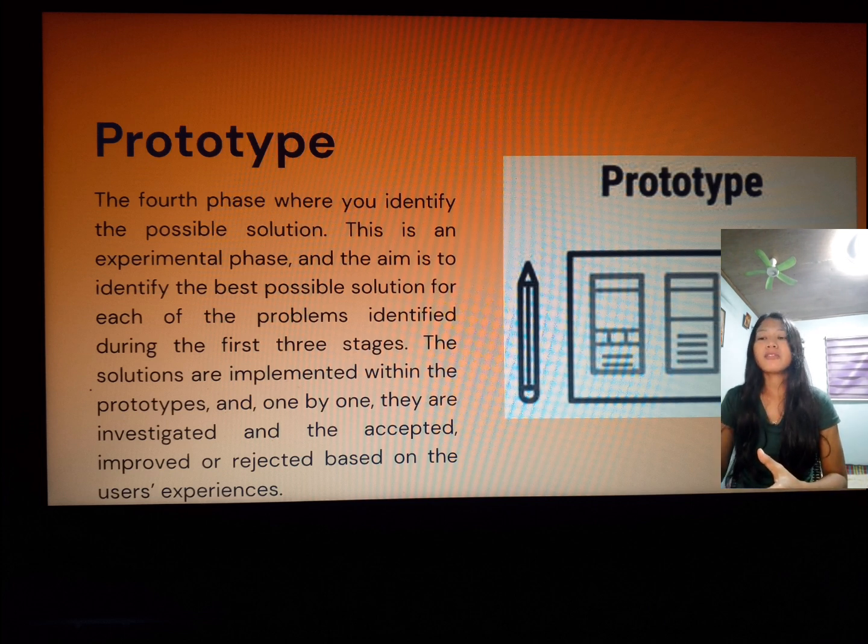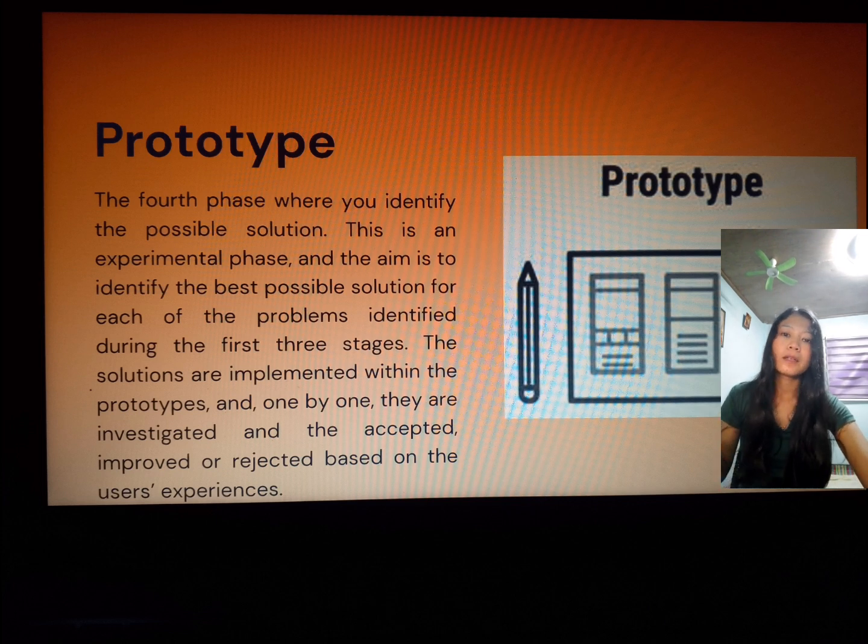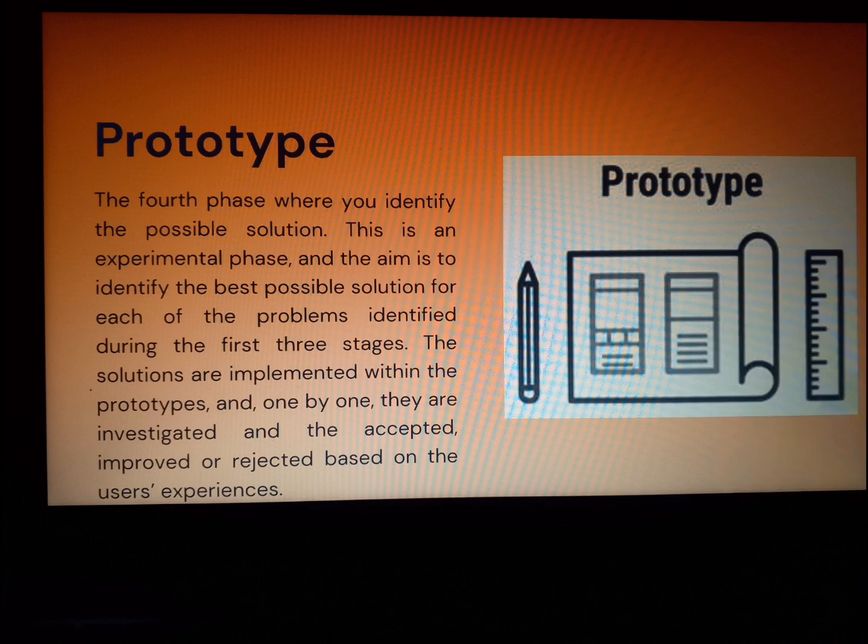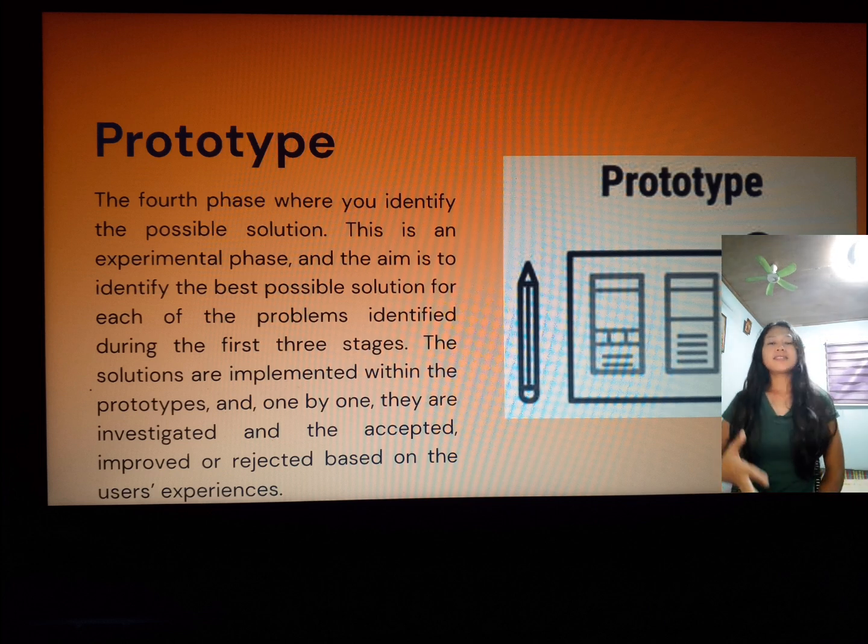How will you implement this, and how should it work? This is the phase where you create simple ideas through sketches, or versions of ideas turn into models and sketches. So that's how the prototype happens.